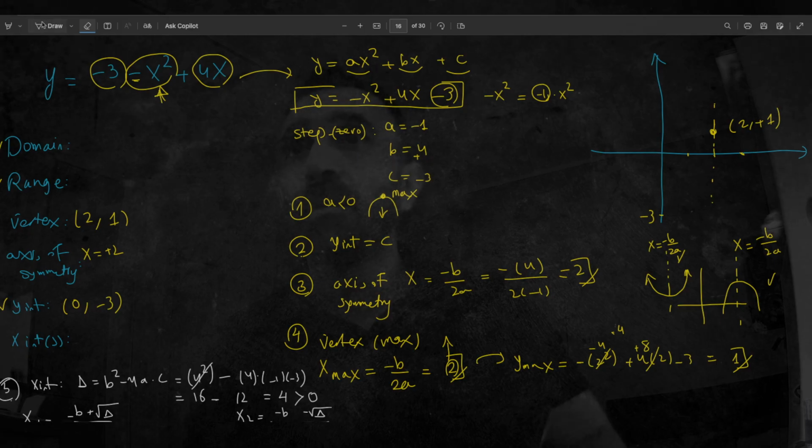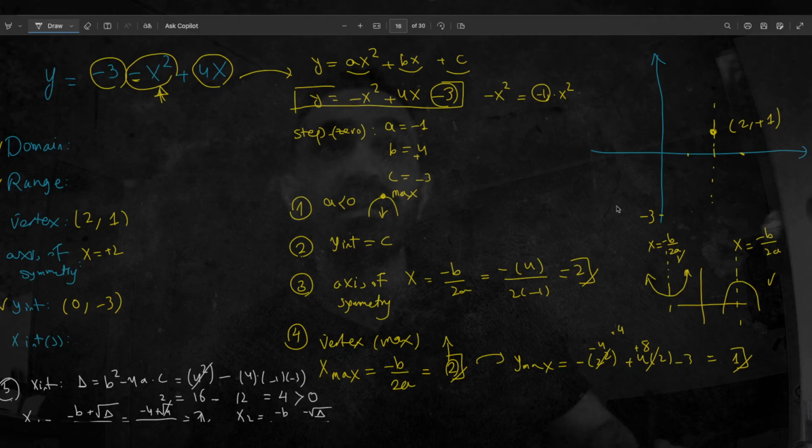So minus b, what is b? b is 4. So minus 4 plus square root of 4 divided by 2 times minus 1. Square root of 4 is 2. Minus 4 plus 2, minus 2. Minus 2 divided by minus 2, 1.